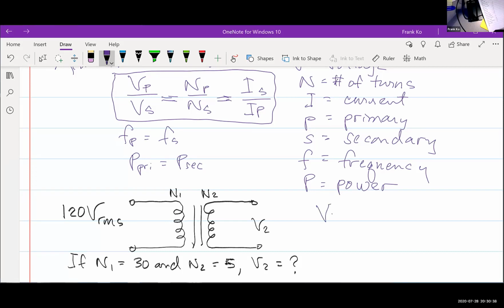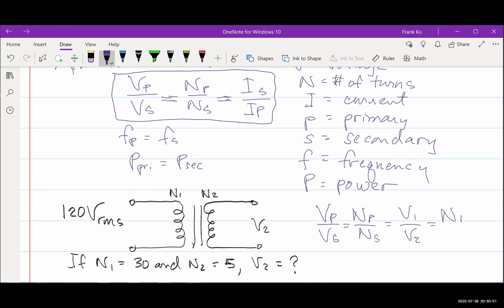So V primary over V secondary is equal to N primary over N secondary. That's the same as V1 over V2 is equal to N1 over N2. Why we use P versus S, or 1 versus 2, just depends on who the author of the problem is, but these ratios are the same.